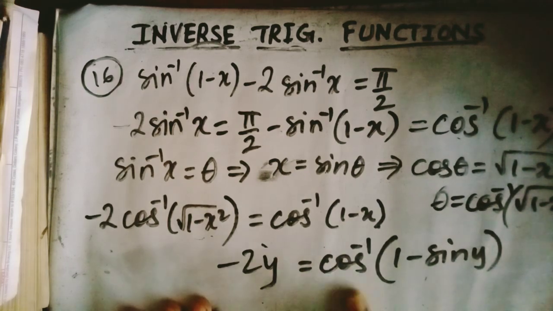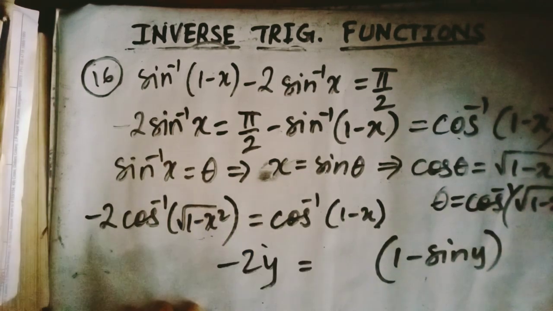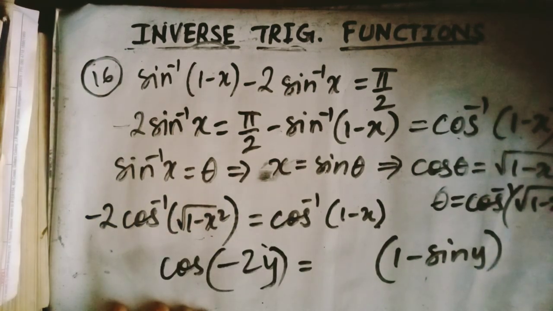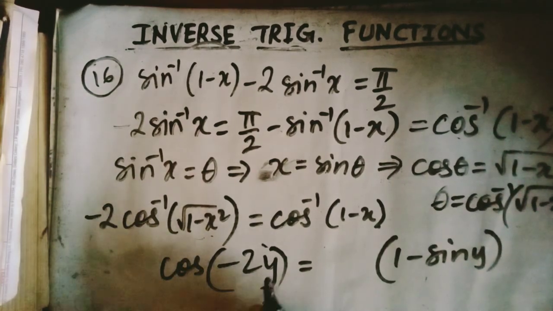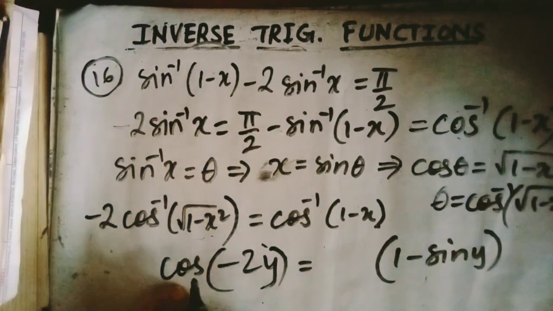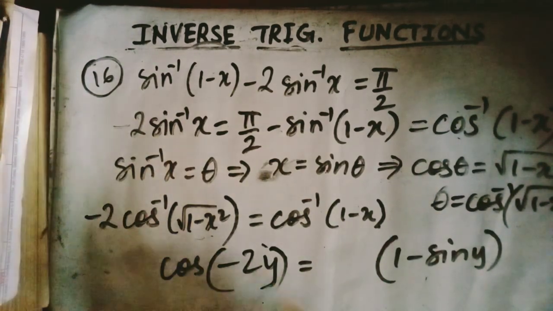Okay, so this cos inverse we can take here, so this will be cos of minus 2y equal to 1 minus sine y. Now cos of minus theta is cos theta, because whenever minus is there it becomes plus now.